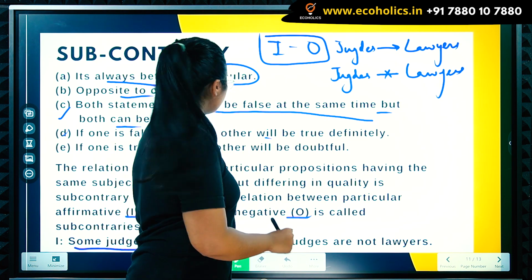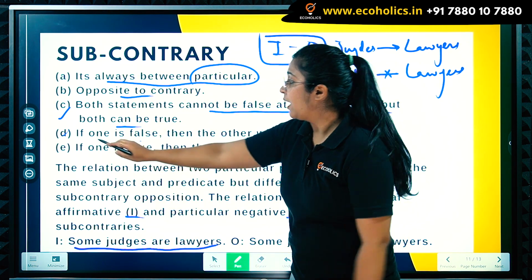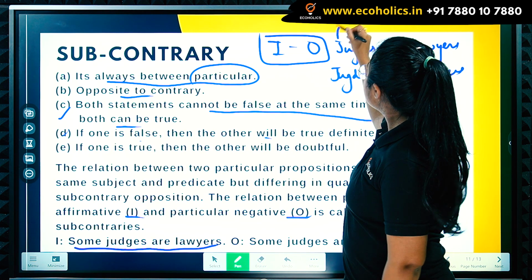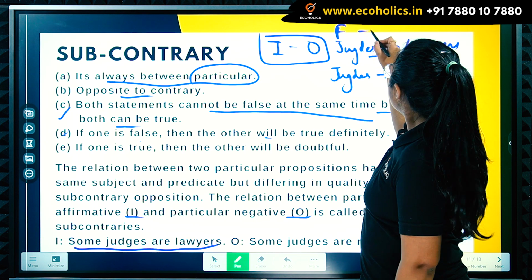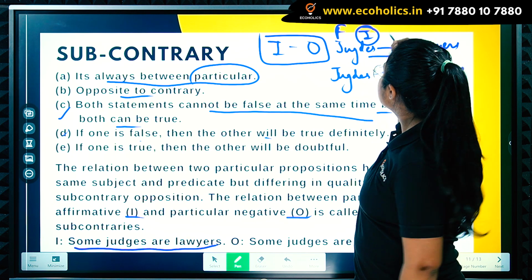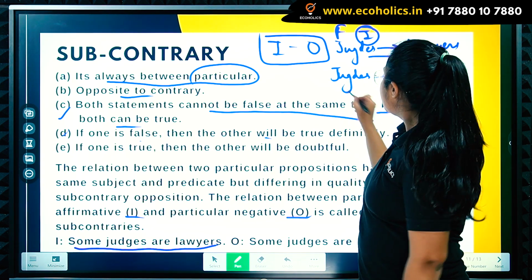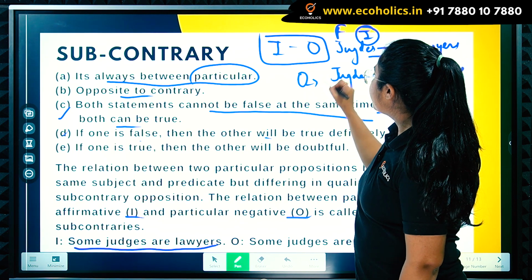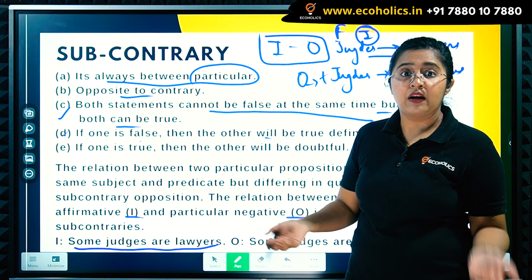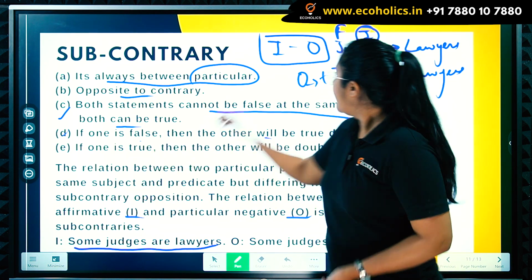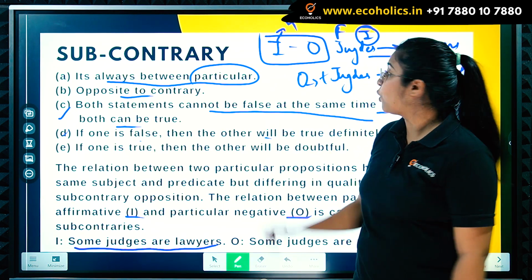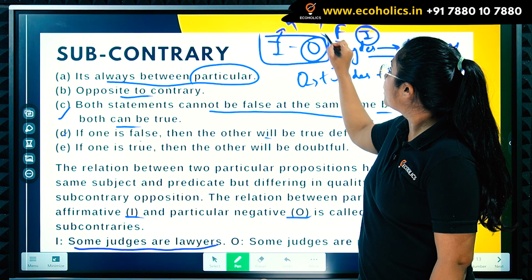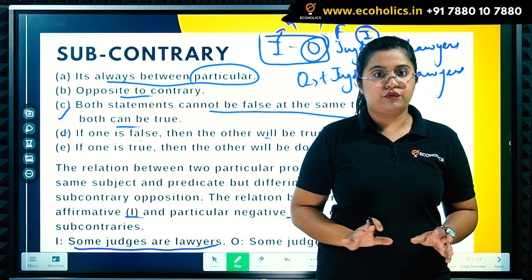Checking with the rules, if the I type of statement is false, then the O type of statement will definitely be true. But if the I type of statement is true, then you can't talk about the O type of statement. The O type of statement will be doubtful.